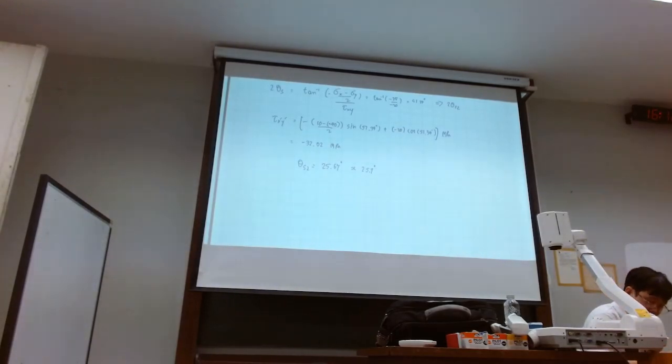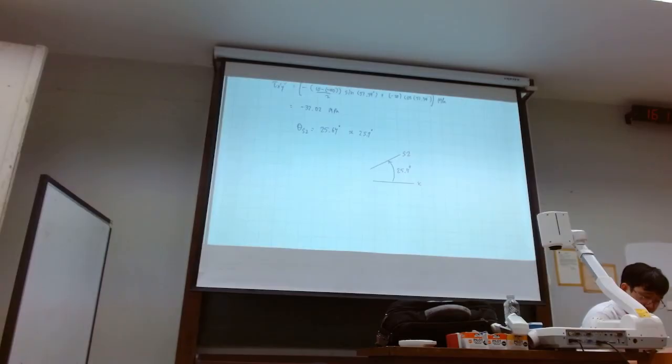So it means that if this is your x, this is your S2. And this is 25.7 degrees. So quite the same, you go down to make a complement of 90 degrees. This will be 64.3 degrees to get to S1.